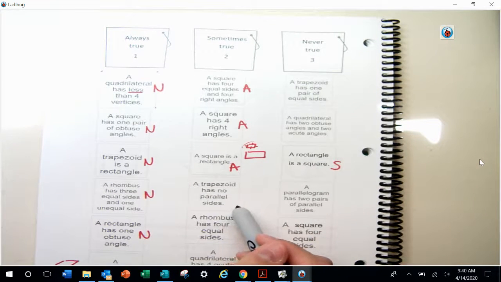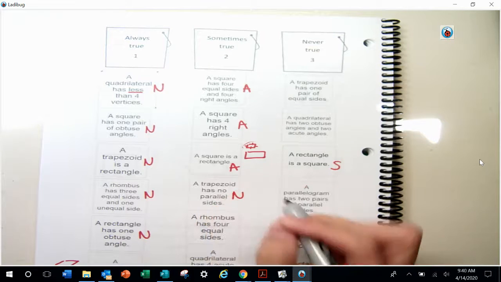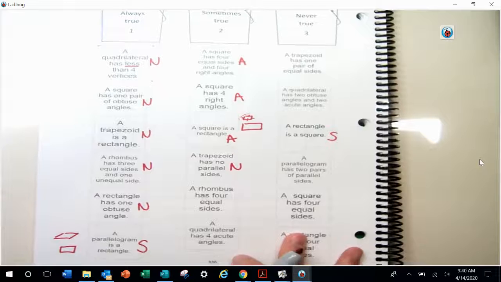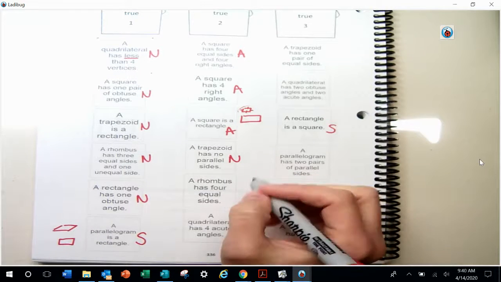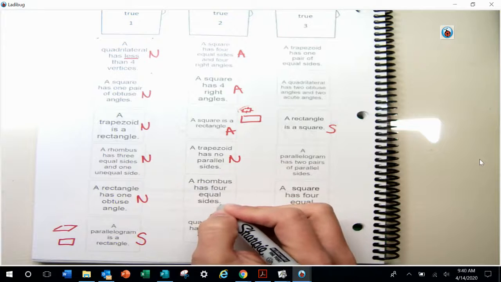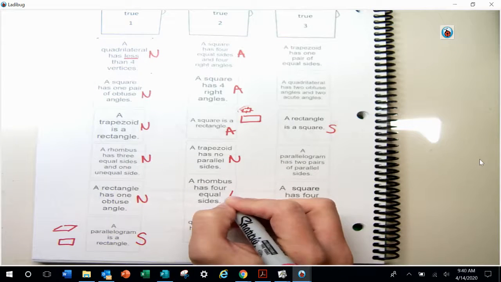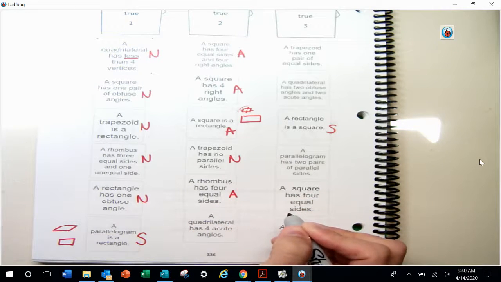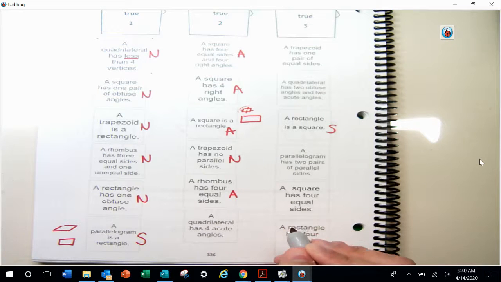A trapezoid has no parallel sides. This is never going to be true. A trapezoid, by definition, has one pair of parallel sides. A rhombus has 4 equal sides. This is always true, because a rhombus, by definition, has 4 equal sides.